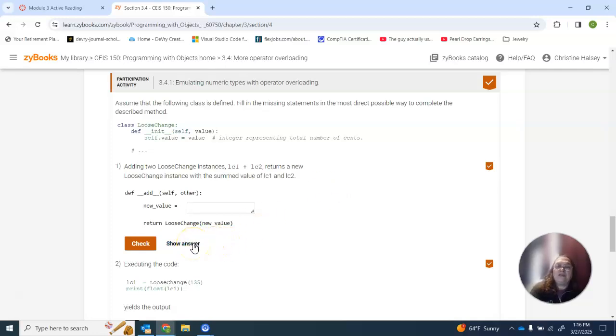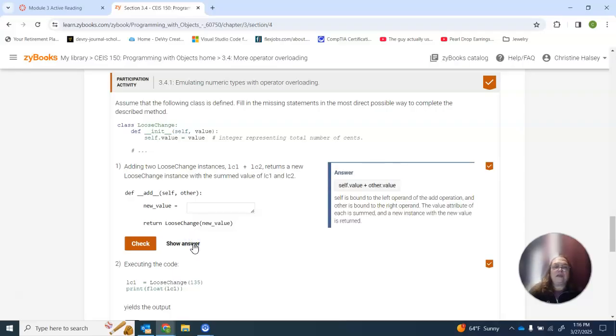I want to remind you again, if you're not sure what this is for, that's what show answer is for. All we have to do here is add the self.value, which got stored when the first LC1 was entered.